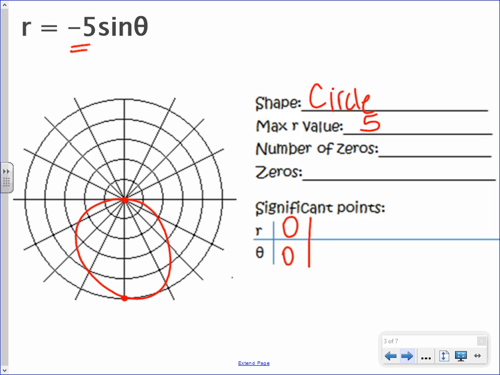Okay. And then you'll notice when theta is pi over 2, we get a -5. That's why our circle stretches to here. Okay. And then if we were to plug in pi for theta, we would be back at the pole.